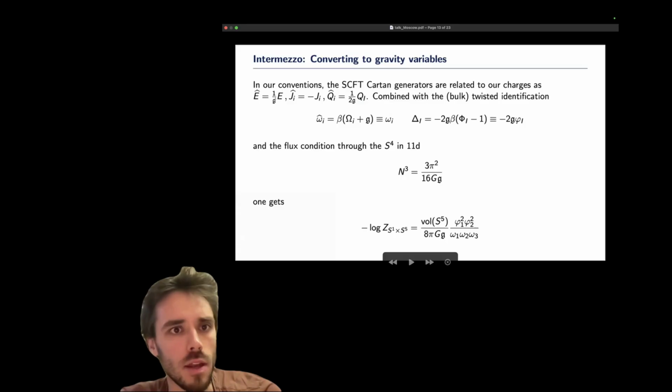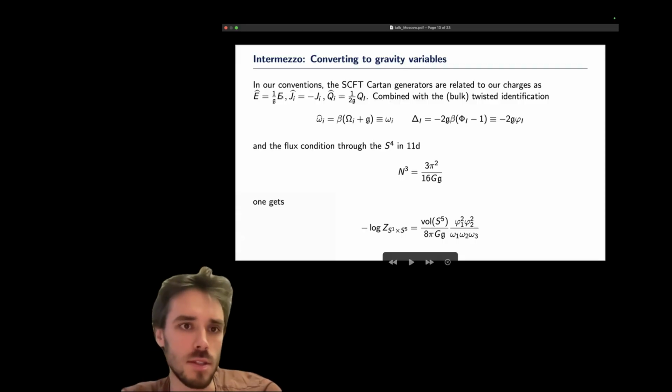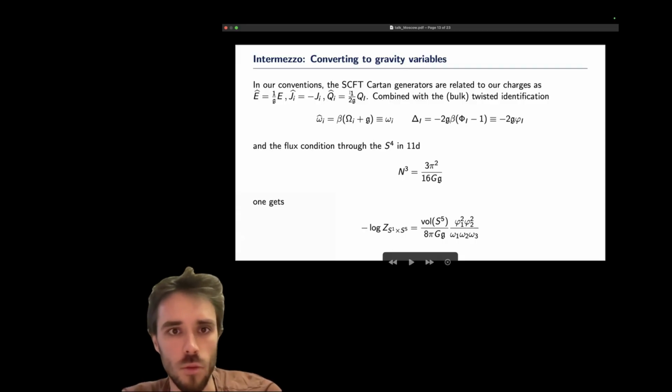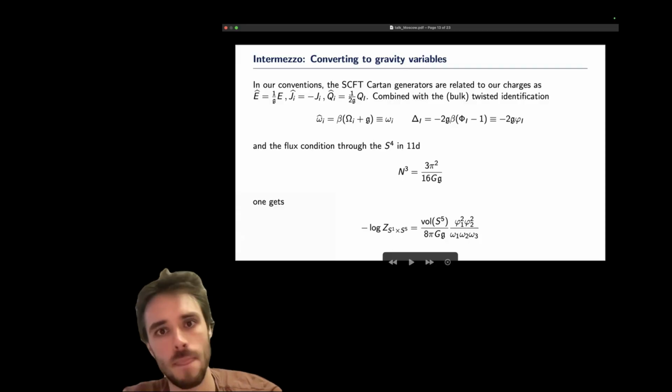And they are related to whatever I calculated in gravity, the charges, meaning the energy, angular momentum, and electric charge, with these simple factors involving the AdS radius.